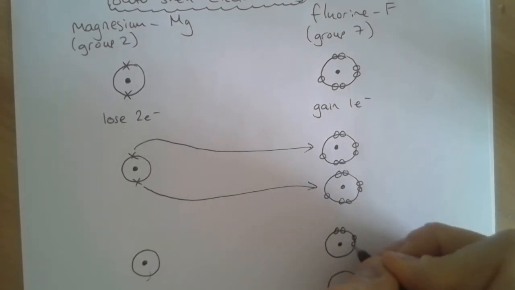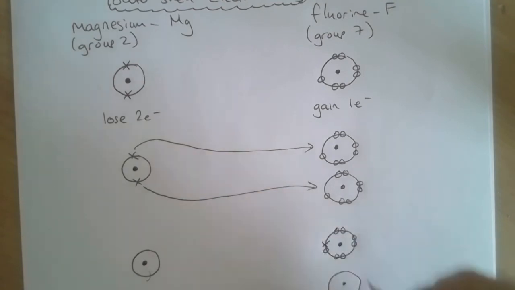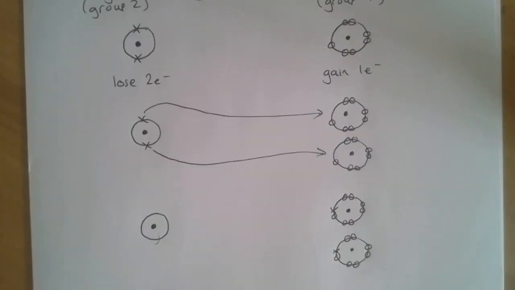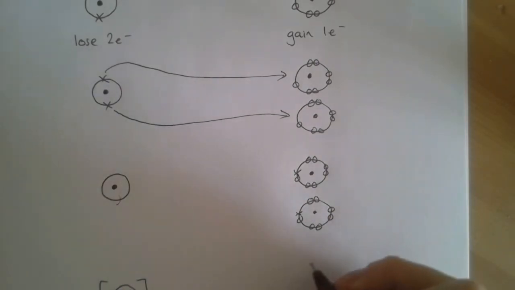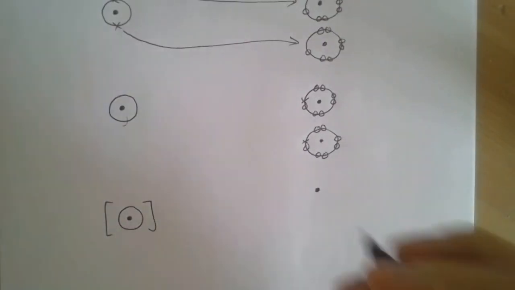And then each of these fluoride ions that have been formed have now picked up an extra electron. Remember that the final stage is to draw square brackets around them and put a charge in place.